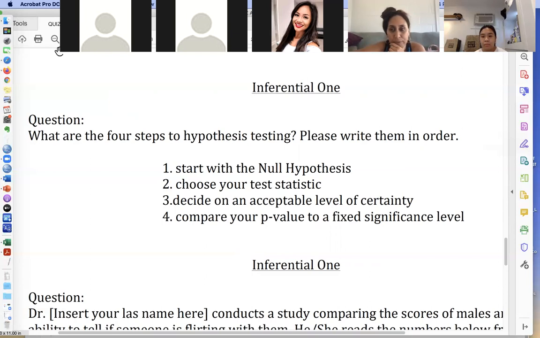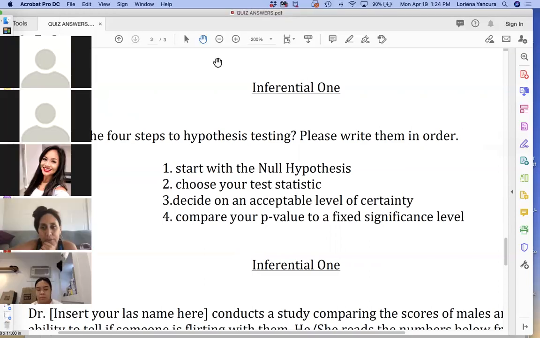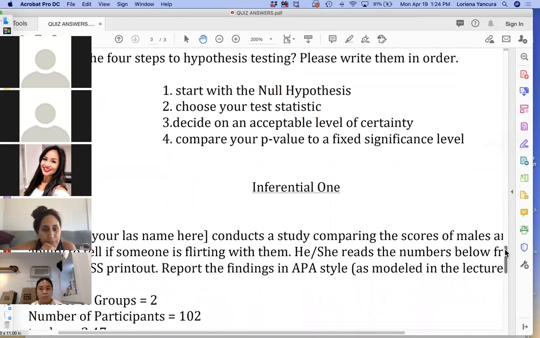All right, so we've got our inferential stats. And so, like I said, it's comparing what we got to a distribution value, and the distribution value is really based on the chances of something happening. So there's 4 steps to hypothesis testing. The first one is you start with the null hypothesis. And the word null means nothing. And so you always start with innocent until proven guilty.